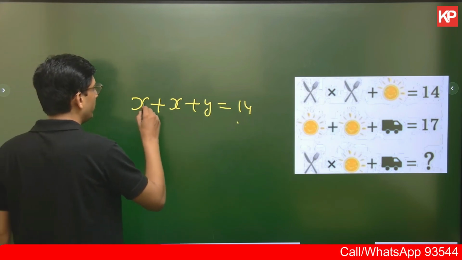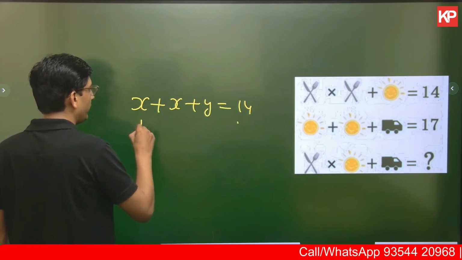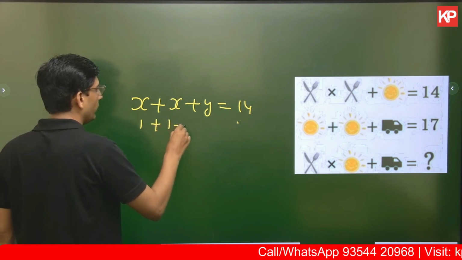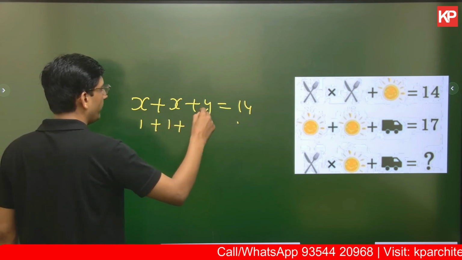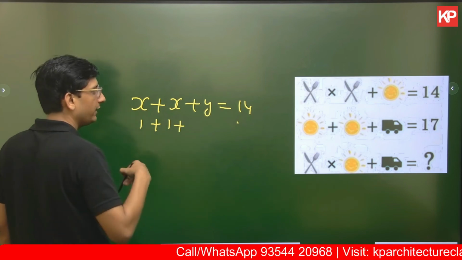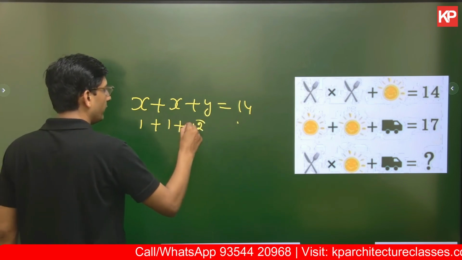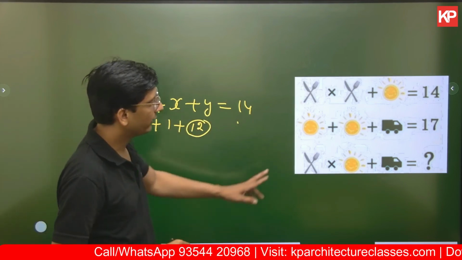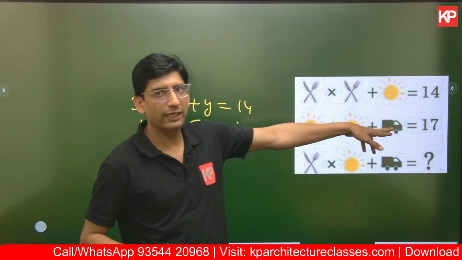Suppose I am assuming the value of x is 1. Then it will be 1 times 1 plus y, and I need 14 there, so y will be 13. Wait, if x is 1 and the sum is 12, then 12 plus 12 is 24, so that is wrong.